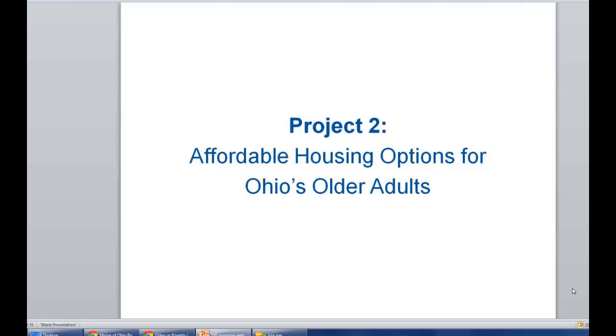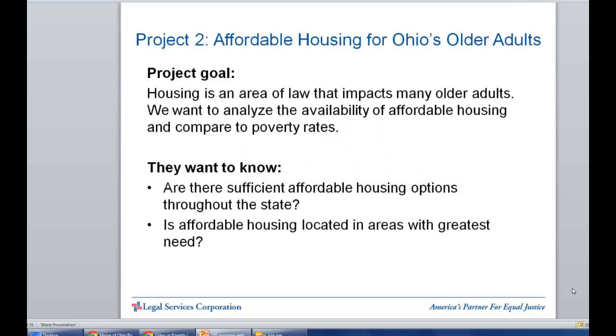All right. So let's move on to the next project. And let's say that in this case, our Elder Law Task Force let me know that housing is an area of law that is impacting many older adults, and they want to analyze the availability of affordable housing options. And they want to know, are there sufficient affordable housing options?